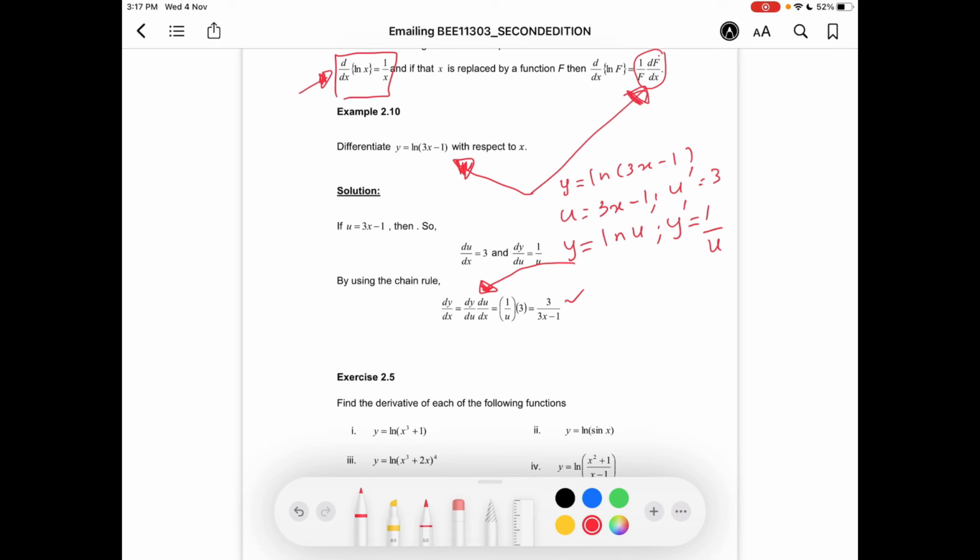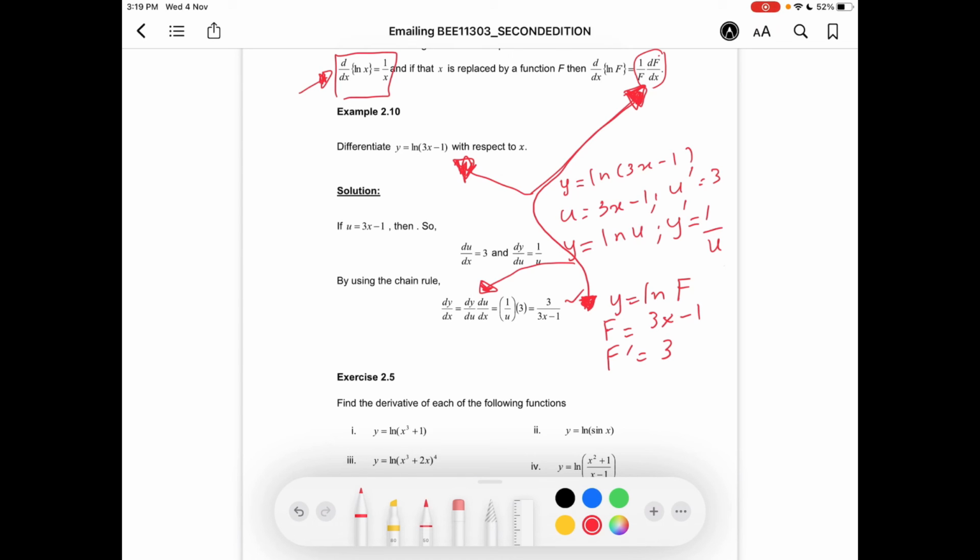Again, if we relate it with the formula just now, when the function is f, you can see that there is a pattern. If we write it again, we have y equals ln f, where f is 3x minus 1, so f prime is 3.